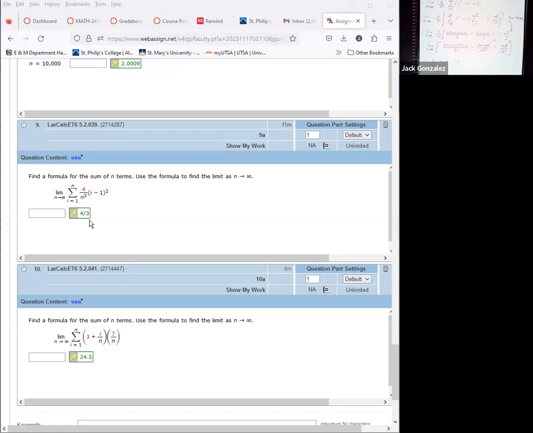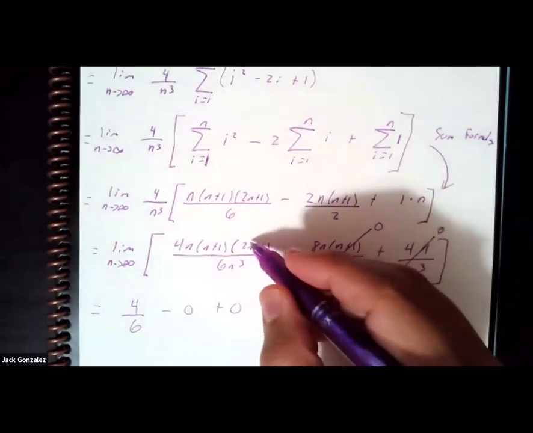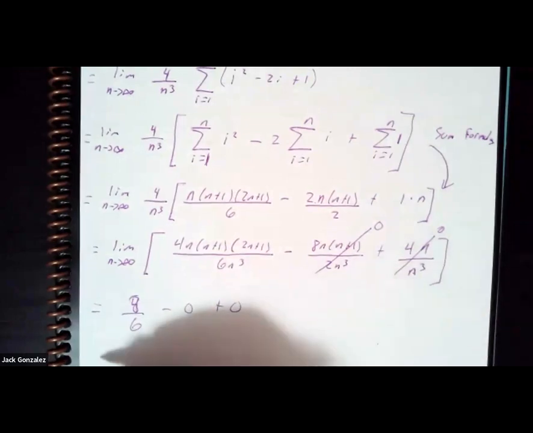Let me double check the formula. Oh, I see why. This is a 2 right here. This should be 8, which would be 4/3.